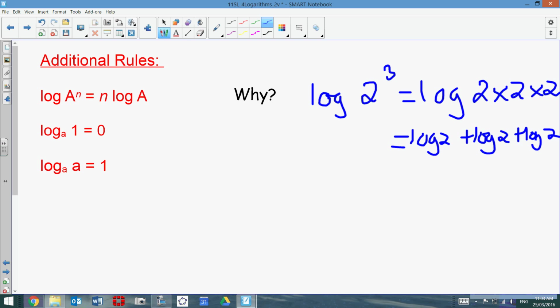So what you've really said is that you actually have 3 log 2's. So notice where that n comes from and where your A remains so that you can prove that rule is valid. Then think about the second two rules in the same way and see if you can come up with a proof to trust yourself. Don't just take it on our word or from the book.